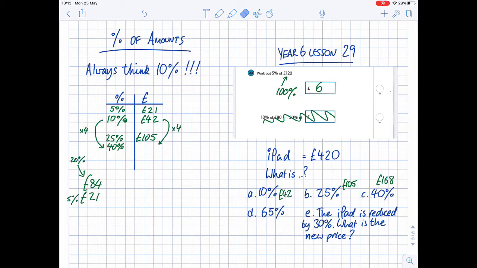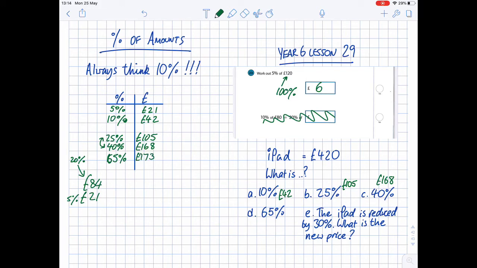So 65%, I could just add together 25% and 40%, which we said was £168. So I put that in. Can you see? So 65%, I could add these two amounts together, which means I need to add together those two amounts of money, and I get £173.